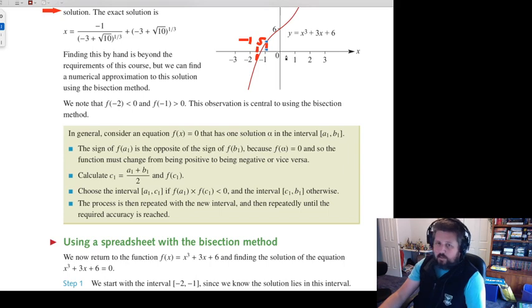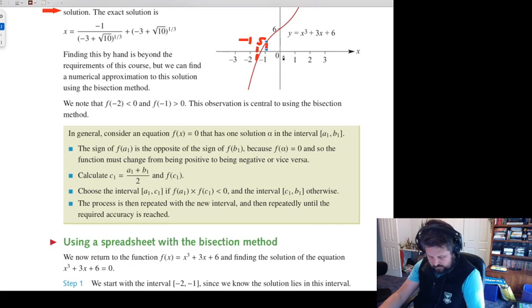Now we keep on repeating this process to discover where the value is going to be, as many times as you'd like to get a more and more accurate answer. We need to find the midpoint between negative 1.5 and negative 1, so we add those together and divide by 2.